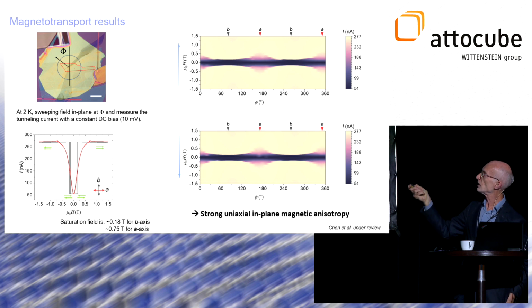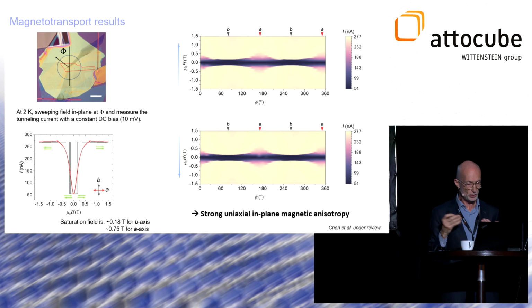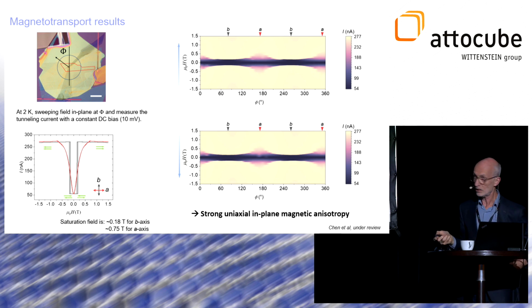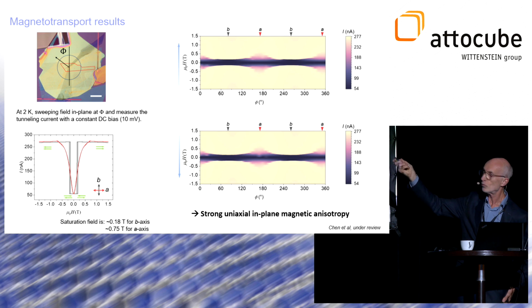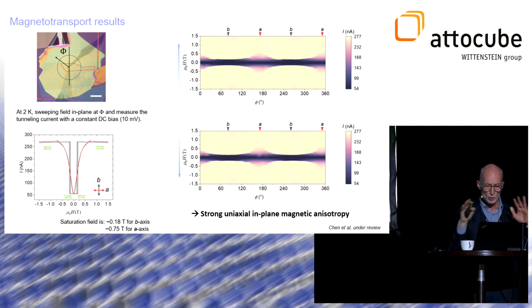We measure the current through the device as a function of the angle of the field within the plane of this flake. And you can see here that the state in zero field is the same, whether we go from one field direction to the other. So there's no two states.